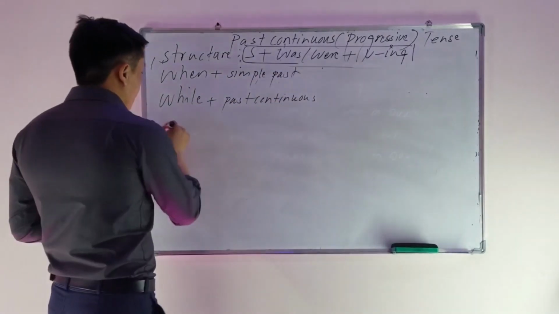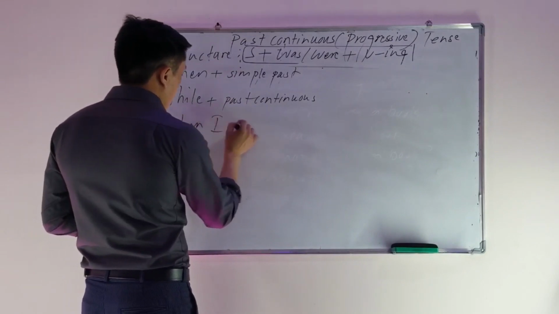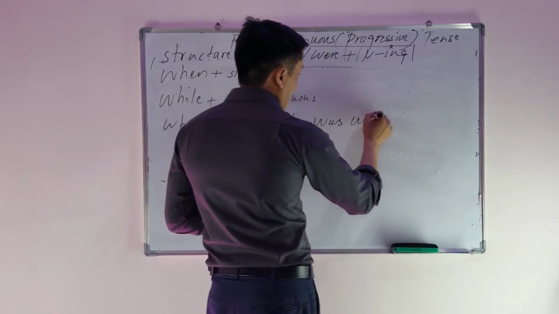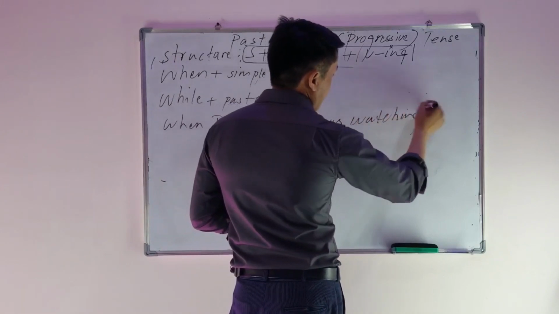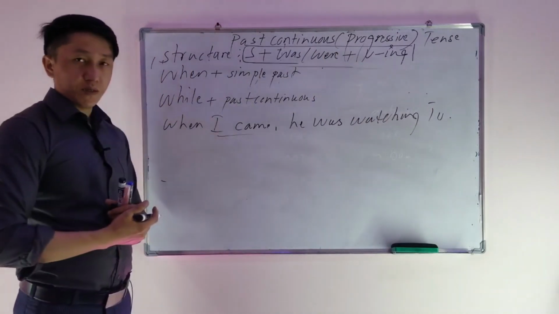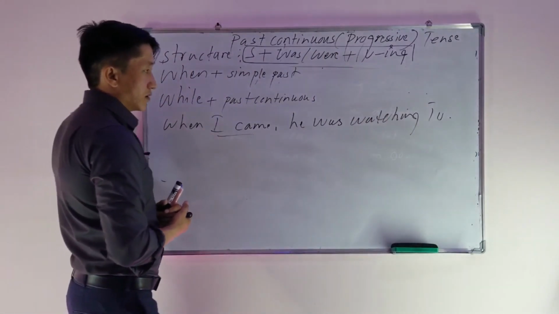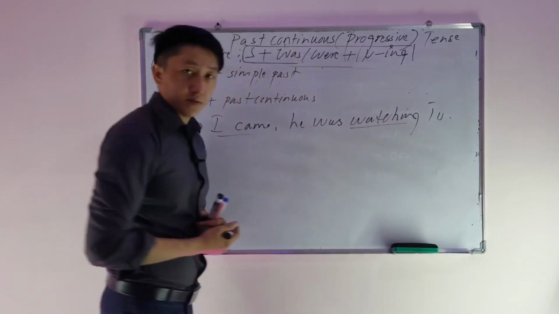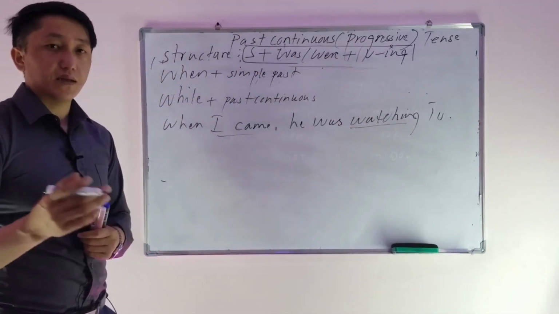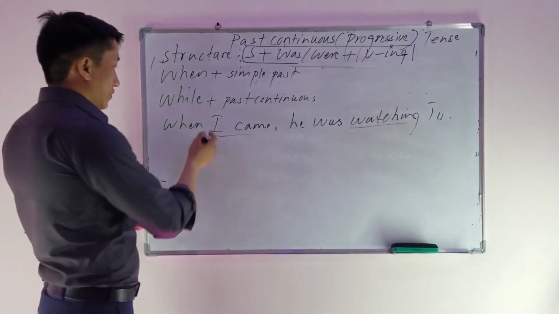So here, for example, I can say when I came, he was watching TV. We cannot say when I was coming. So we have to say when I came, he was watching TV. He started watching TV in the past. When I came, he was still watching, and it continued after that too.